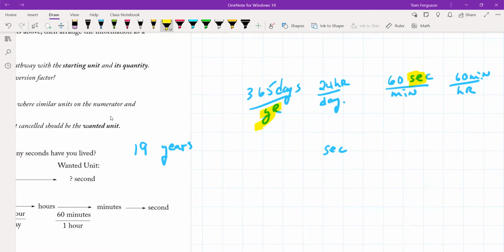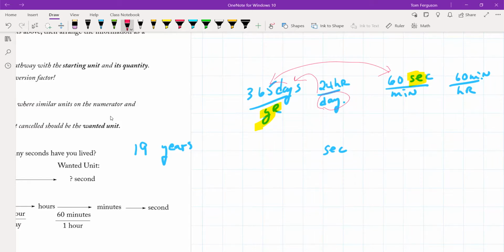So we've identified conversion factors to get us from years to seconds, but it isn't one conversion factor. So somehow we have to link these together. The way to do that is to think in terms of 365 days a year. Is there another conversion factor that has days or year in it? Well, this has got day in it, but it's got hours in it, not seconds.